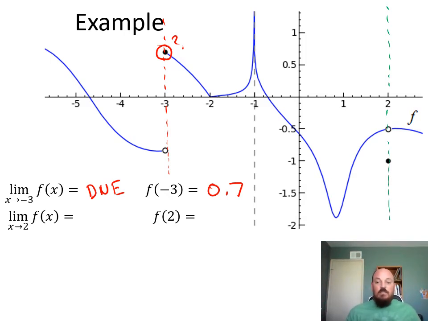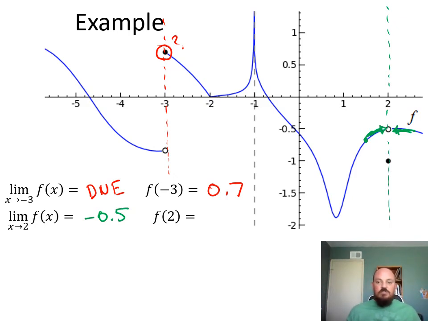Now this time the limit does exist, because if I come in from one side, let's say I pick this point right here on the left, and I go towards the graph, it's going towards that point right there, and on the other side, it's going to the same place. So yes, the limit does exist this time. It's meeting at the same point, and the height or the y value of that point is the answer to the question. So for this one, I'm going to say it's about negative 0.5.